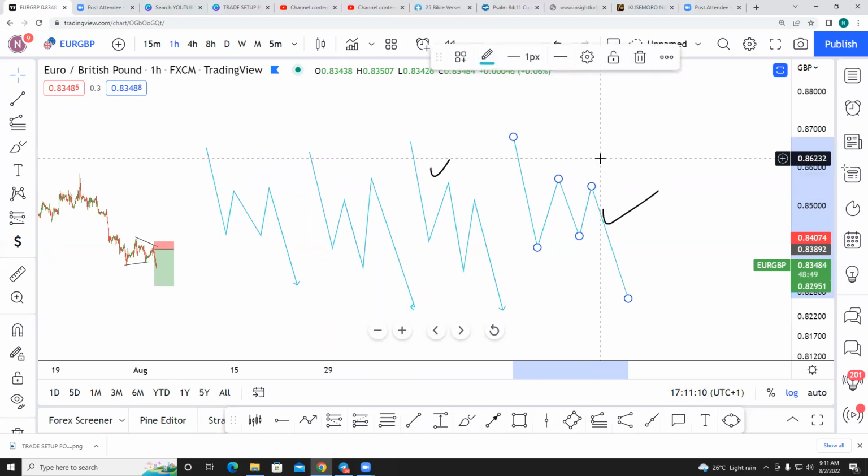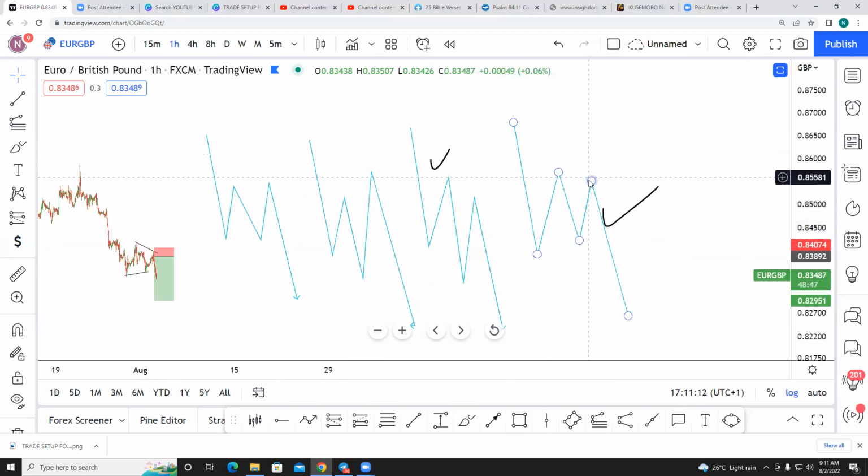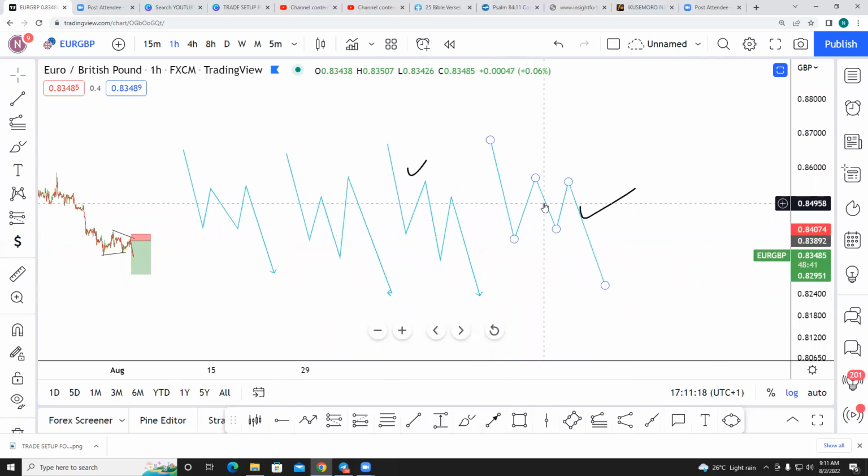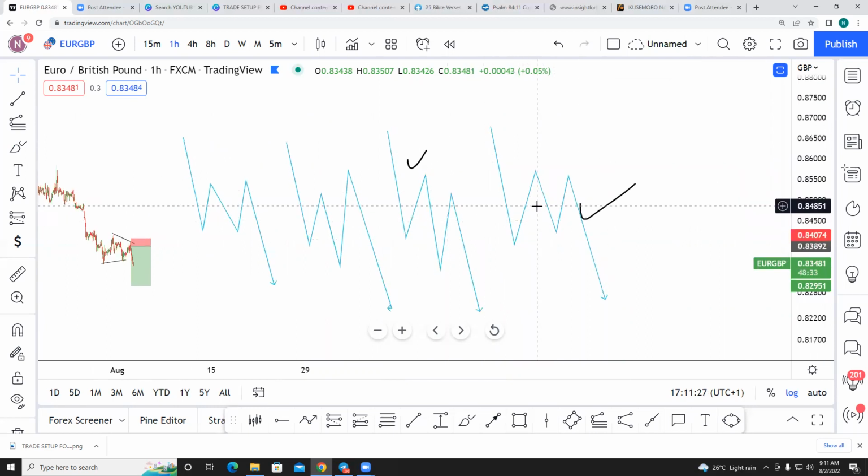So you don't want to be involved in that kind of a scenario. But I've gotten a proven method by which we can say with 90 to 95% certainty that this type of flat is a contracting flat and we can trade it.